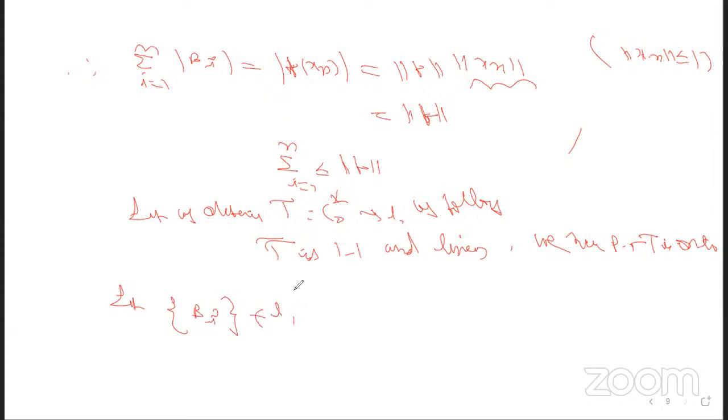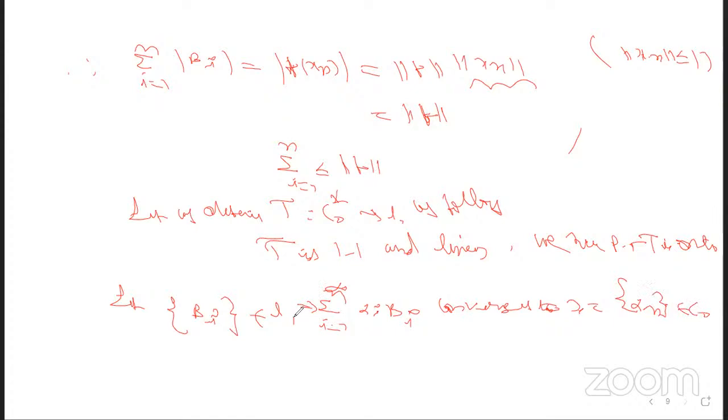It follows that sigma i equal to 1 to infinity alpha i beta i converges absolutely for each x equal to alpha n which belongs to C naught. C naught is the dual.